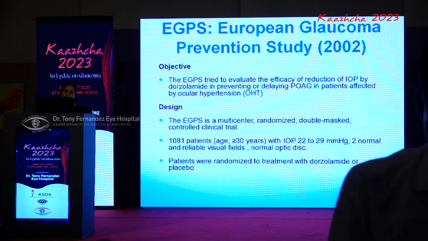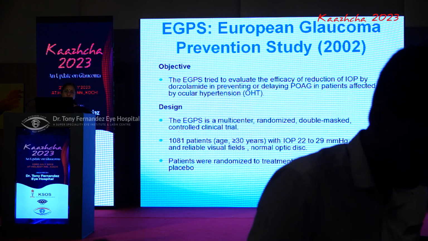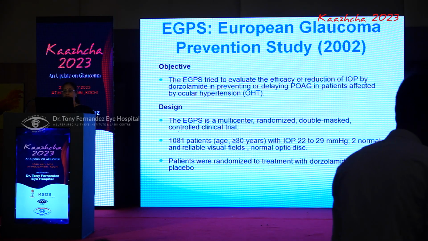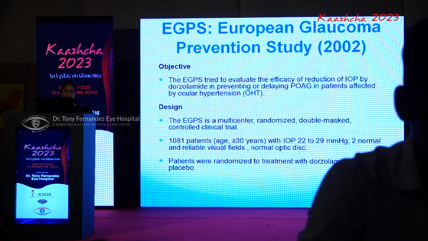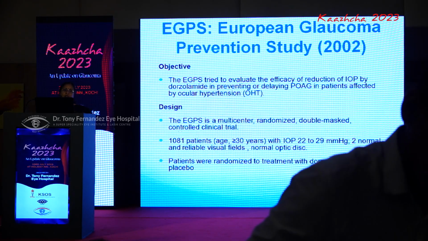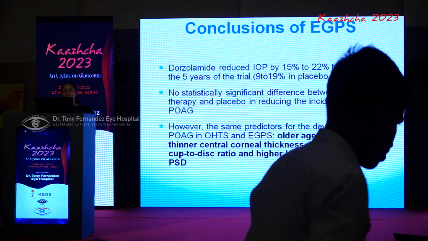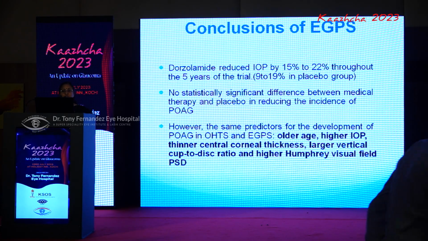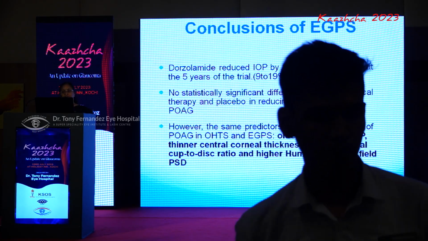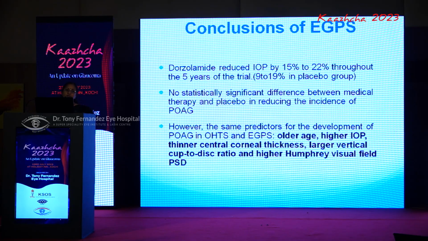The age was greater than or equal to 30 years, with intraocular pressure 22 to 29 millimeters of mercury and visual fields and optic disc being normal. The patients were randomized to two arms, a treatment arm with dorzolamide and a placebo arm. The finding after 5 years was that dorzolamide reduced the intraocular pressure by 15 to 22%, and the placebo arm also showed a reduction of 9 to 19%.